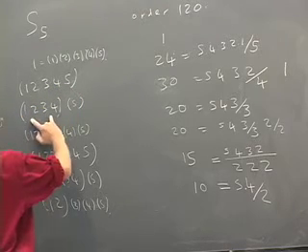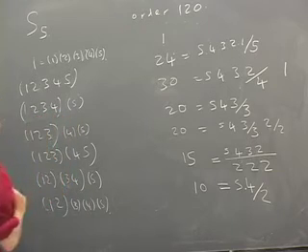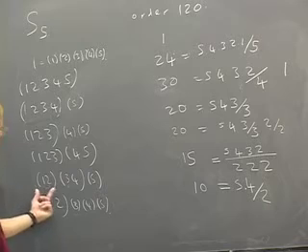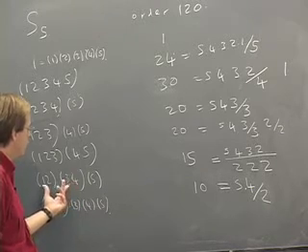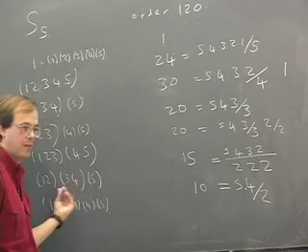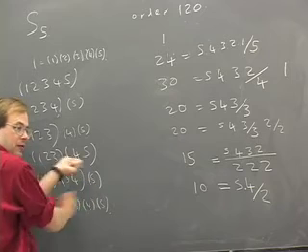Whenever you have an r-cycle, you divide by r, because you can write them in any order. And whenever you have a pair of cycles of the same length, you divide by another 2, or if you had 3 cycles of the same length, you would divide by 3 factorial, or 4 cycles the same length, you would divide by 4 factorial.